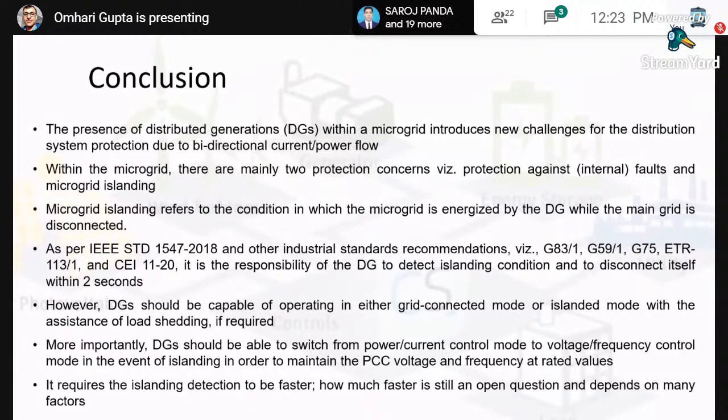If you talk about the islanding phenomenon, you have to detect unintentional islanding, and accordingly you can change the mode of operation if you want to remain connected. Or what you can do, once you detect the islanding, if you are not able to supply the local load, you disconnect yourself from the system.